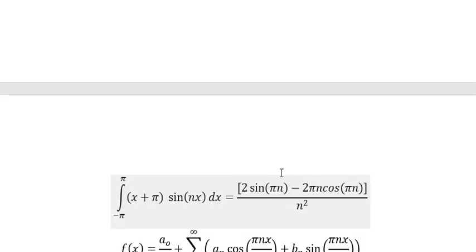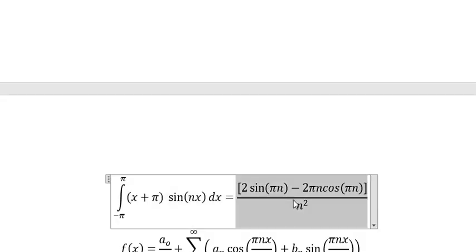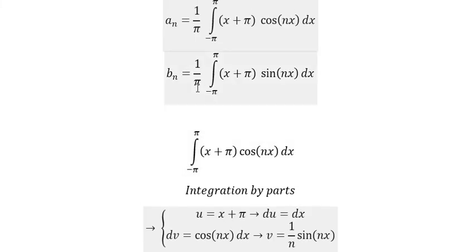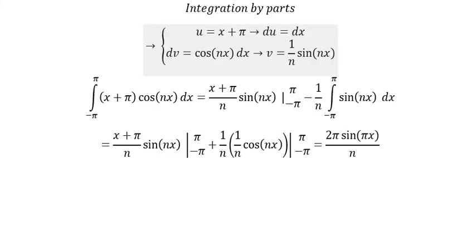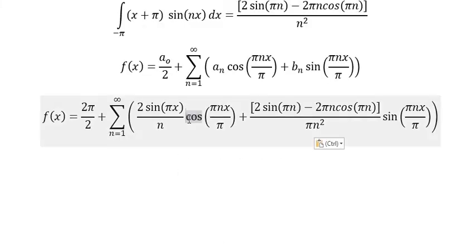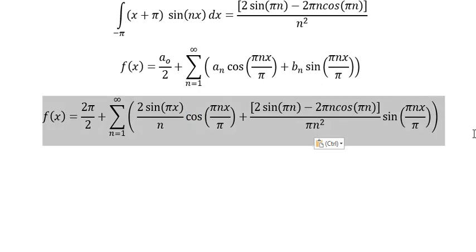Bn is about this one, but we need to multiply by b in here. So we have like this. Now we need to simplify.